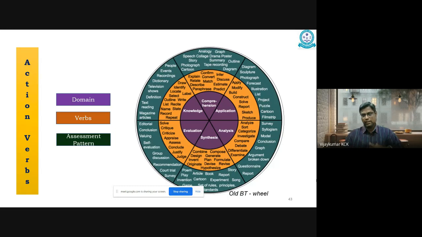You can see here in this wheel also, there are a few words which we can find in the other areas also. For example, when we talk about remembering, these are all the action words.